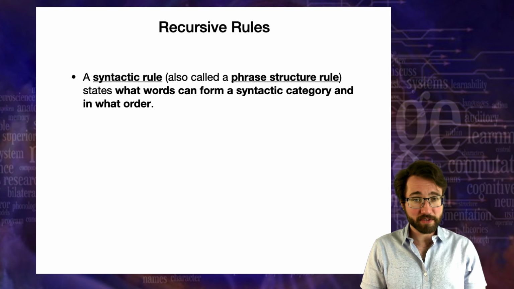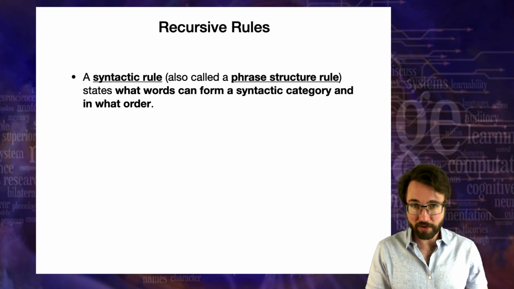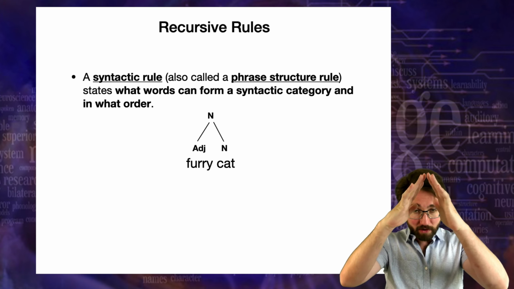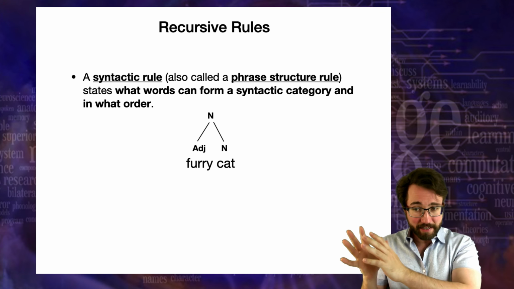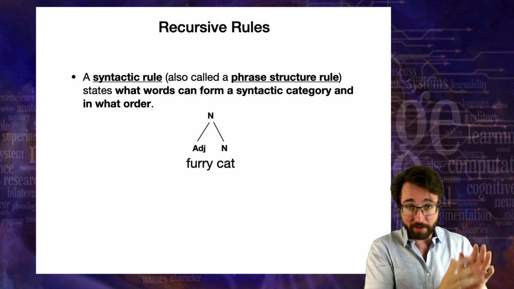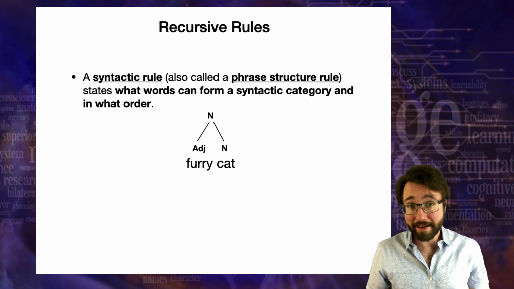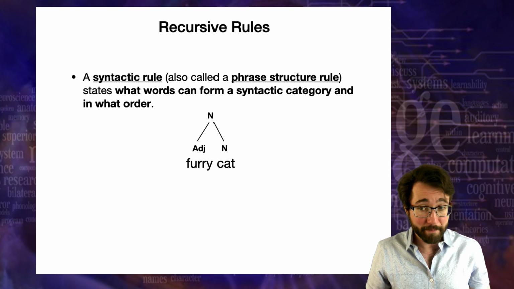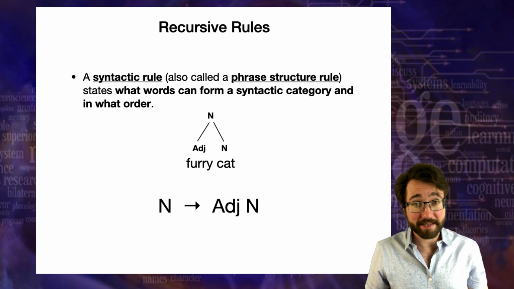We've also seen examples of another special kind of rule called a recursive rule. So remember this example, furry cat. What we had here was a noun, which consists of an adjective followed by another noun. So what this tells us is the category N can consist of an adj followed by an N. And that would be this syntactic rule.